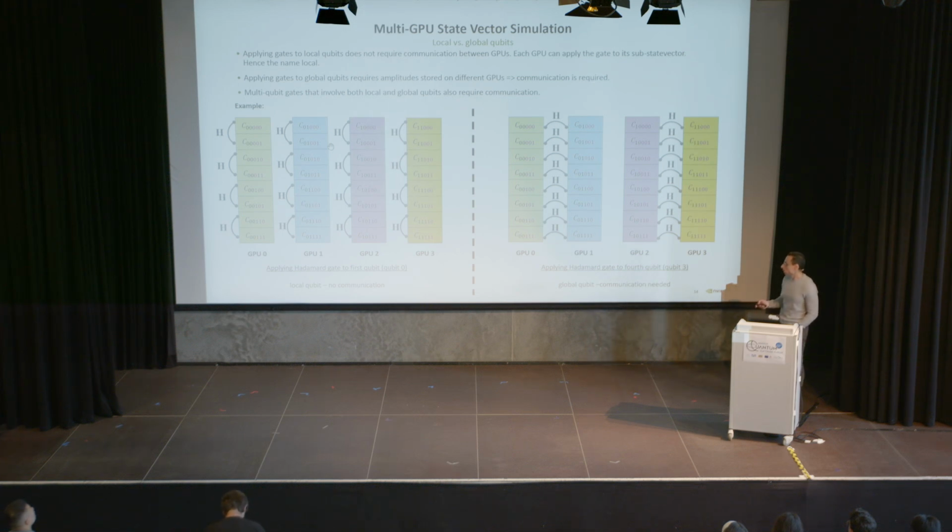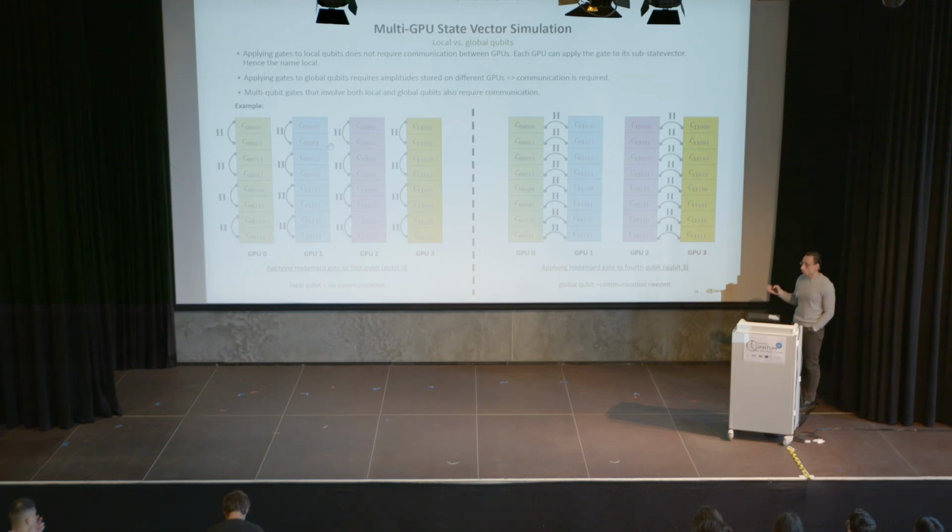While if we want to apply the same gate to the fourth qubit, qubit 3, which is a global qubit, then the subvector will be composed of amplitudes whose indices differ by the value of the fourth bit, and those reside on different GPUs. So GPU 0 would need amplitudes from GPU 1 and vice versa. Similarly, GPU 2 and GPU 3 would need amplitudes from each other.